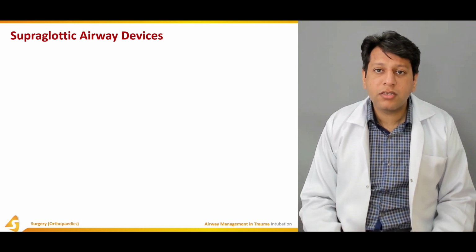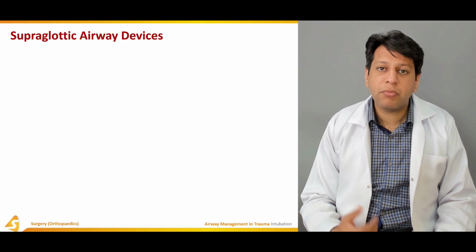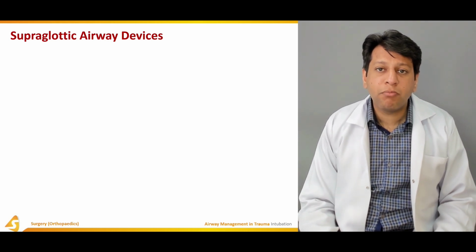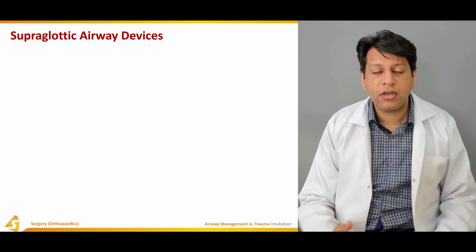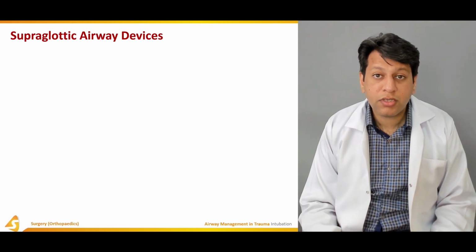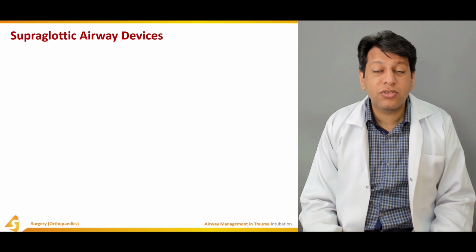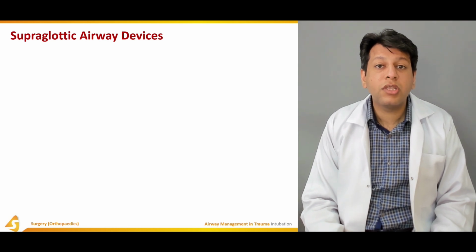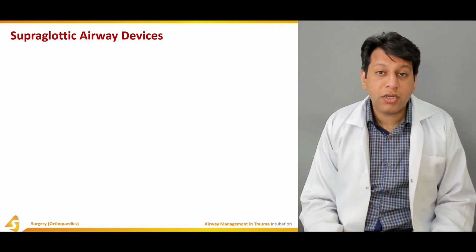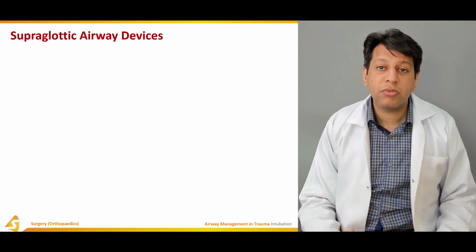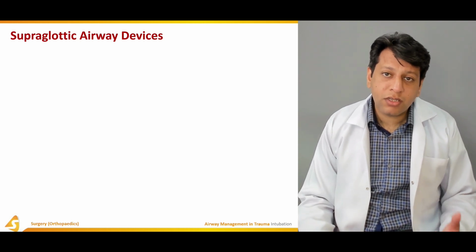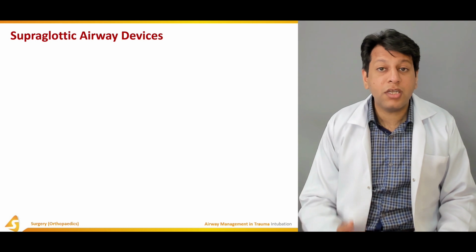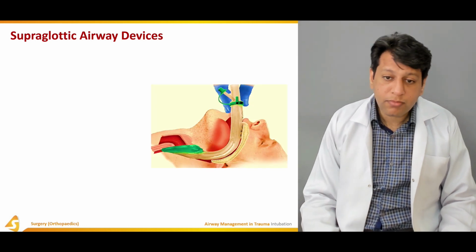Once we have cleared the airway and oral cavity and passed the oropharyngeal tube, then before the patient has to be transferred to the main trauma center or level 1 trauma center, the supraglottic airway devices, although not definitive airways, can provide an airway which can be secured for enough time until a definitive airway such as an ETT or tracheostomy can be done.